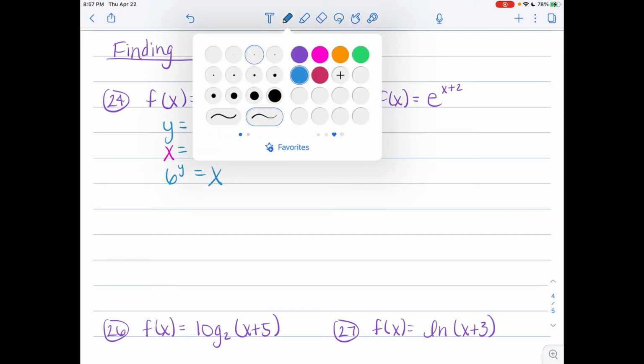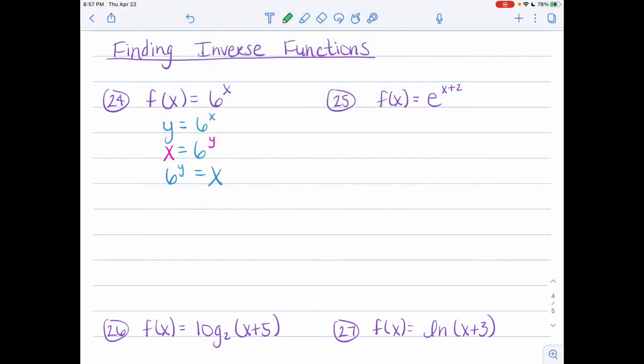And now I can swirl. 6 to the x and then y. So we will have log base 6 of x is equal to y. Okay, now I have my function solved for my new y.